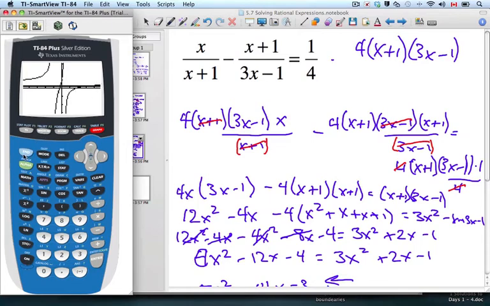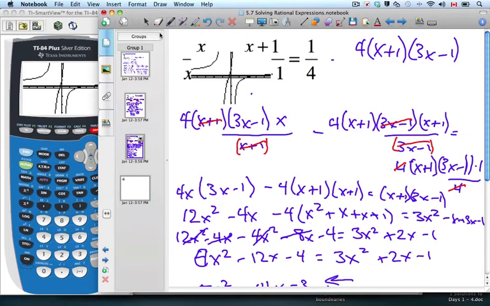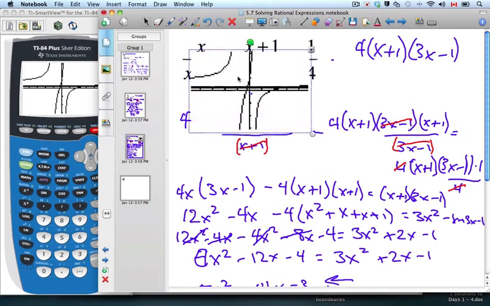So to find those values, we're looking for the intersection. So here's my graph. We're going to find intersections here and somewhere over here. Let's find this one first.